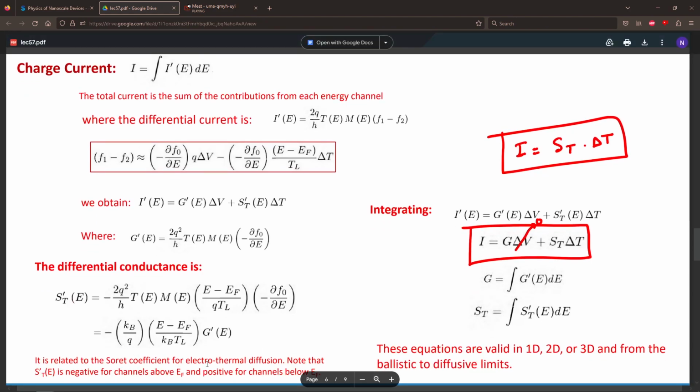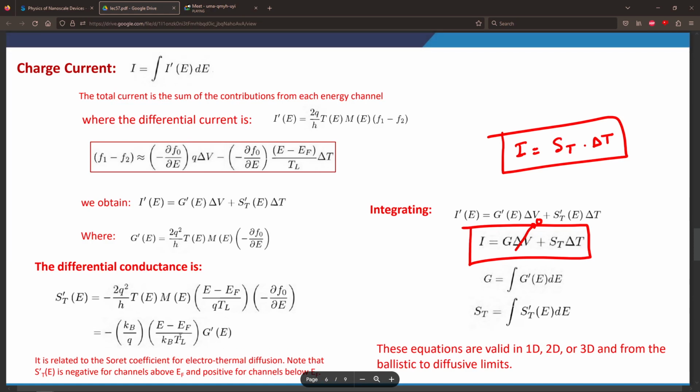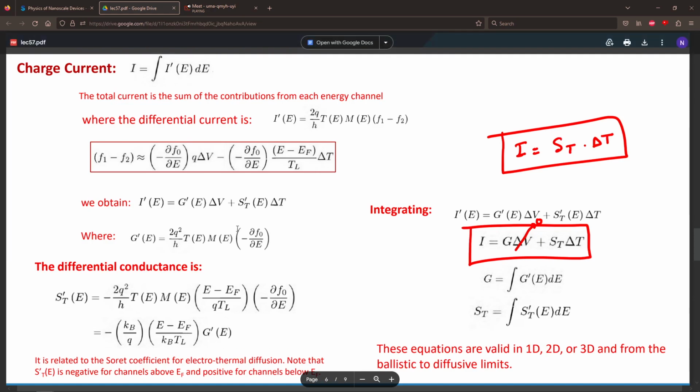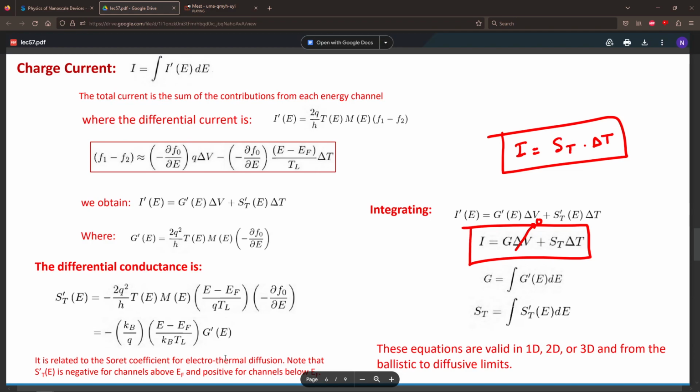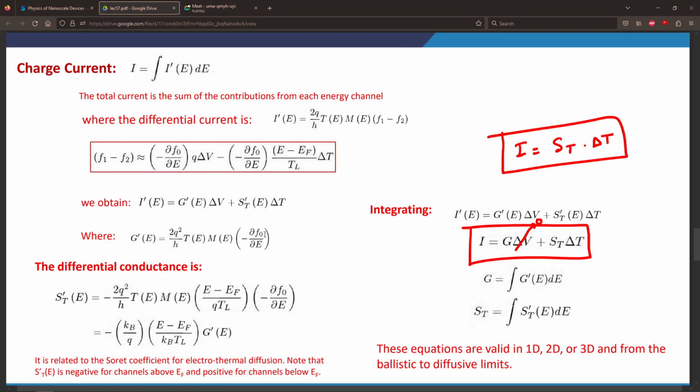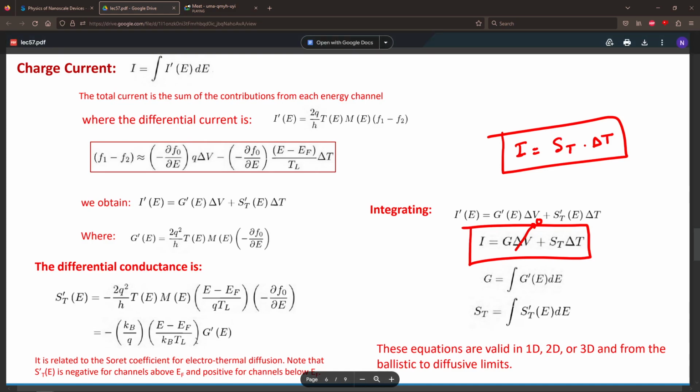See, S_T is this times G of E. And G of E for small bias voltages has this Fermi derivative function. Now at T equal to 0 Kelvin, the Fermi function will be nearly a constant. Since that is nearly a constant, the derivative will be 0. ∂F₀/∂E will be 0. Since this quantity becomes nearly 0, this entire relationship will also become 0.